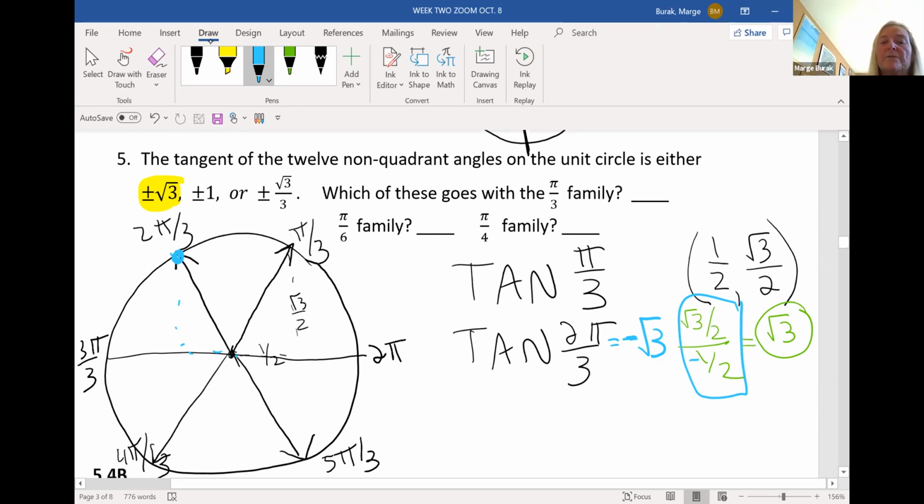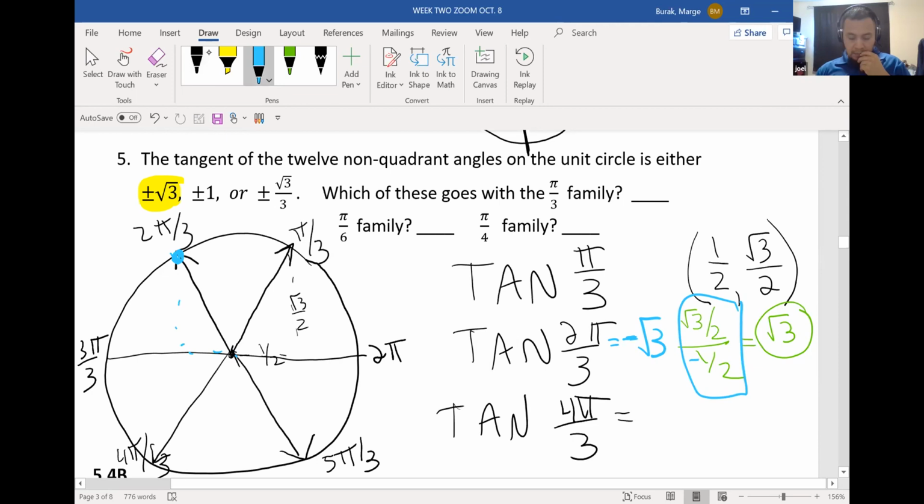If we go down to 4 pi over 3, who can tell me what is it? What's the tangent of 4 pi over 3? That's over here. It's the same point, only they're both negative. -1/2, negative radical 3 over 2.